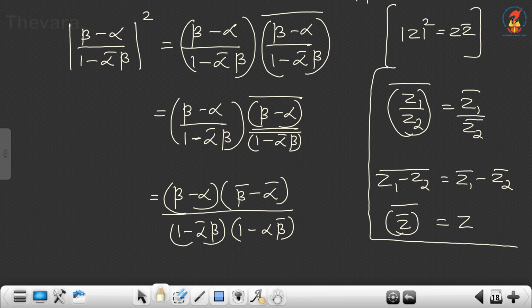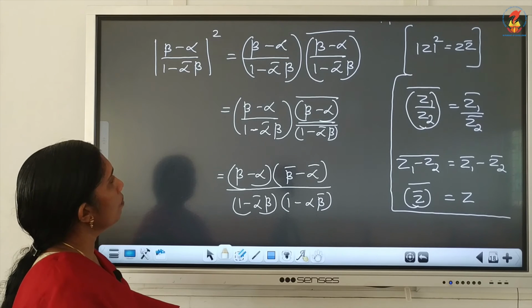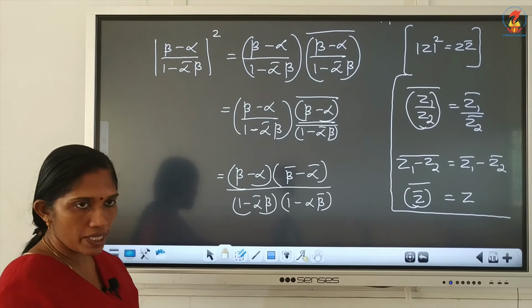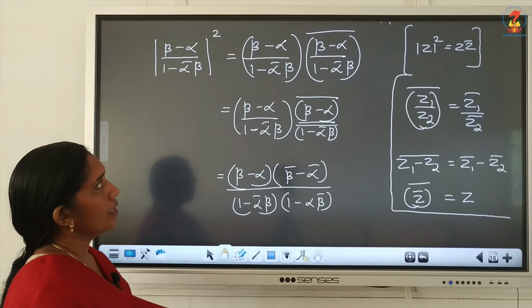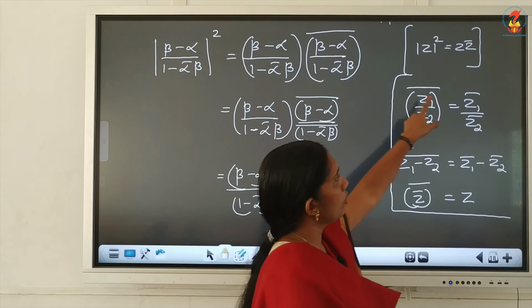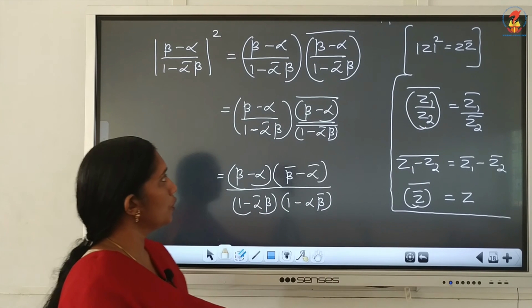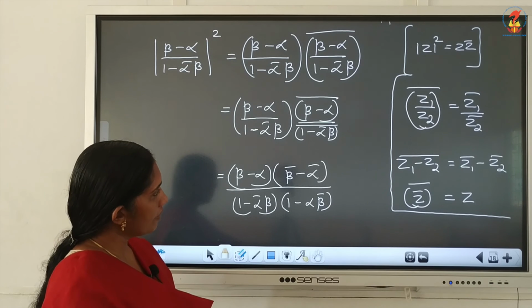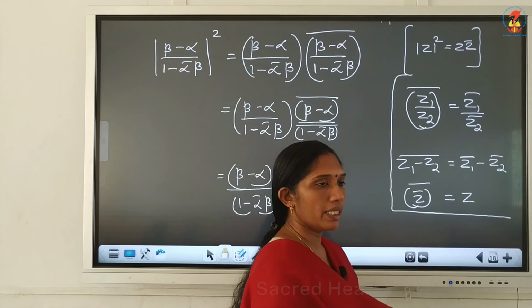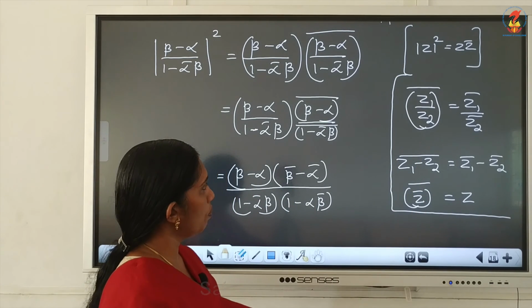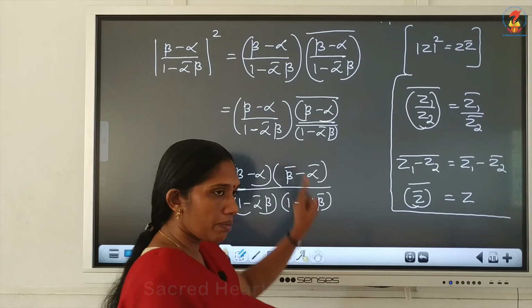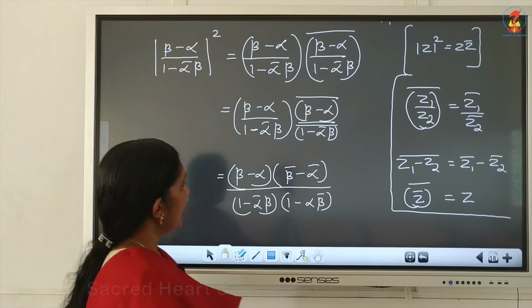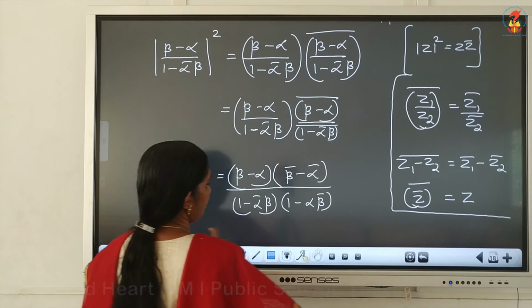Is this much clear? First we take mod Z square, that's equal to Z into Z bar. Then (Z1 by Z2) the whole bar is Z1 bar by Z2 bar. Again (Z1 minus Z2) the whole bar is Z1 bar minus Z2 bar, and here alpha bar bar is alpha itself. Now just multiply.